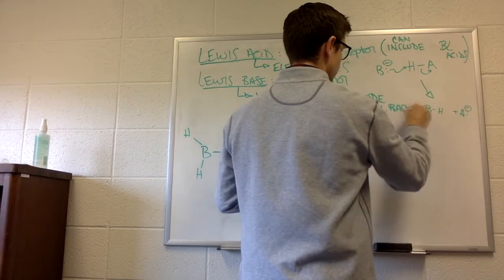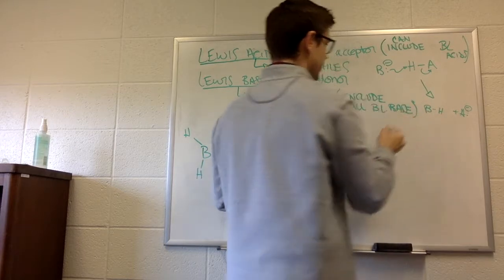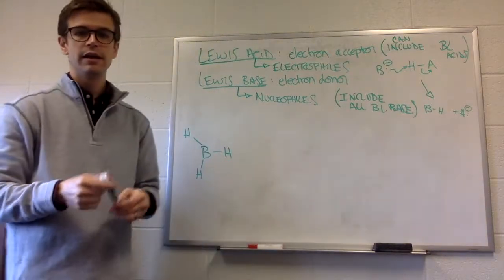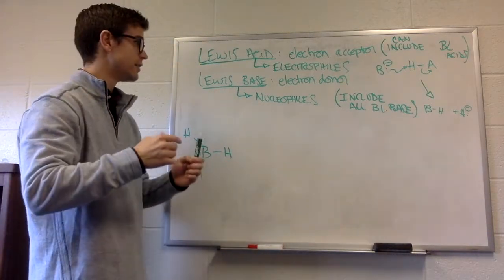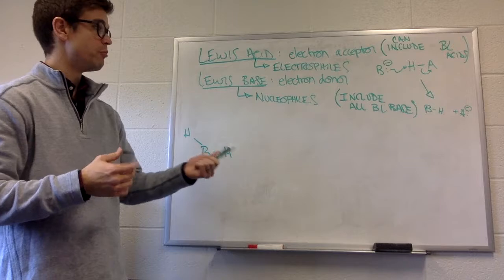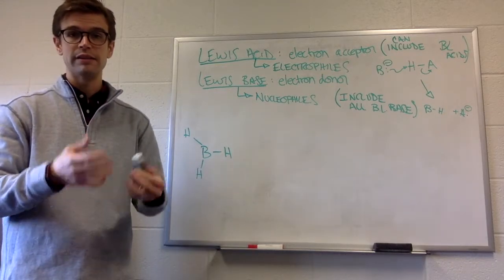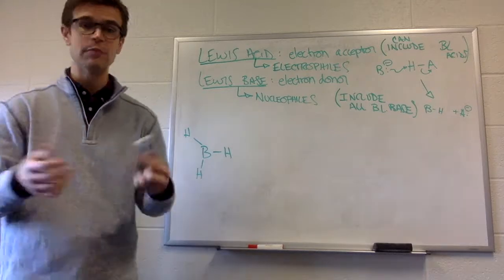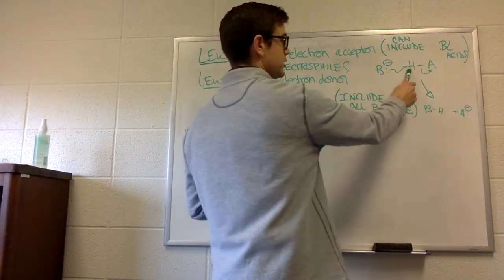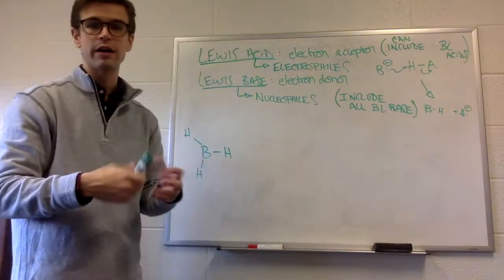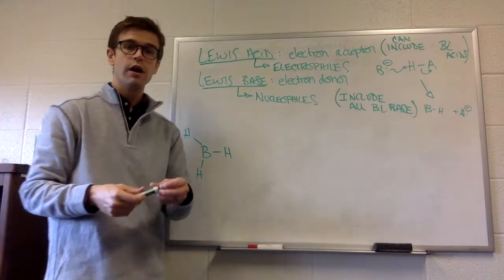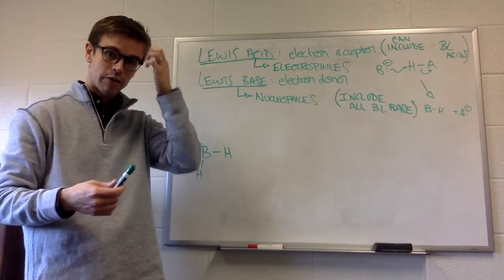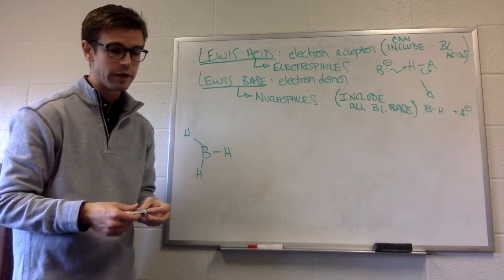So if something is a Bronsted-Lowry base, it's also a Lewis base. A Bronsted-Lowry base is defined as something that accepts a proton. How does a Bronsted-Lowry base accept a proton? It accepts it by donating its electron pair to that proton. So any Bronsted-Lowry base is also a Lewis base.